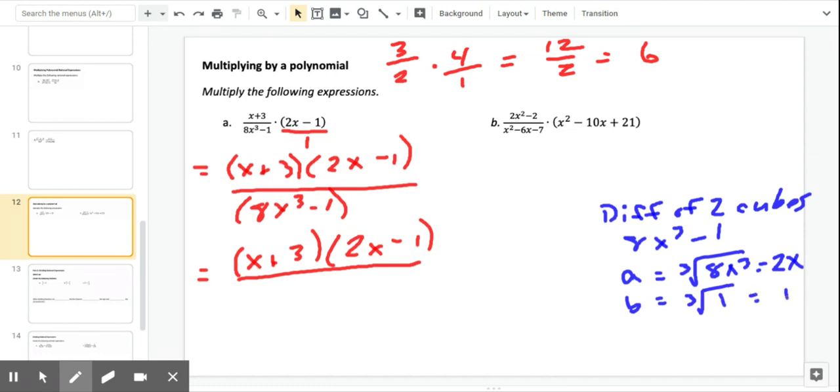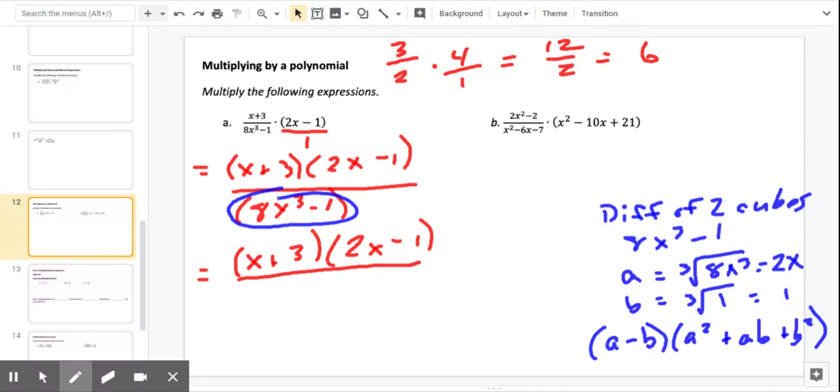So then when we factor this, it is a minus b times a squared plus ab plus b squared. So that means our denominator is now, so this guy right here is now a minus b, so 2x minus 1 times 2x squared, which is 4x squared, plus 2a times b, which is 2x times 1, plus b squared, which is 1.